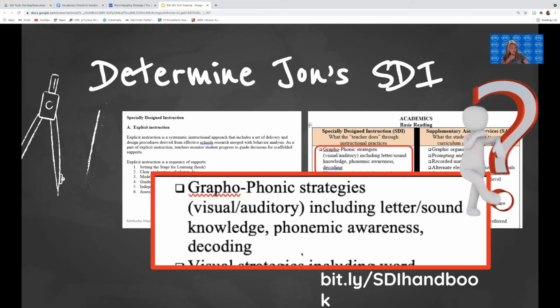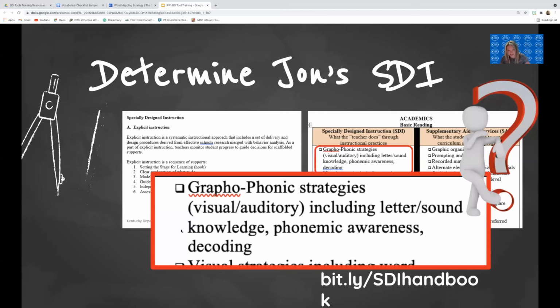We call it the stranger test, because a lot of times students move between different schools and different districts. I know everybody here has probably inherited IEPs at mid-year. So if you got an IEP that had graphophonic strategies, would you know what to do? Probably not. So you want to make sure that you're specific on exactly what you're going to do for that kid.